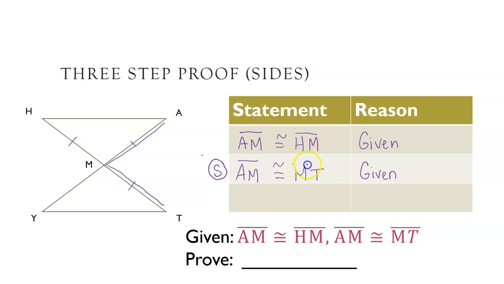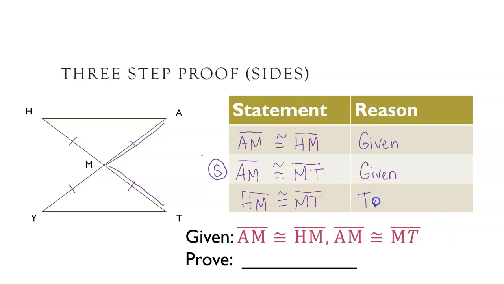Now I'm looking at my list of statements, and I notice that AM is congruent to HM and AM is also congruent to MT. So I can use transitive, because I have a whole string of congruences, to show that HM is congruent to MT because they're both congruent to AM.